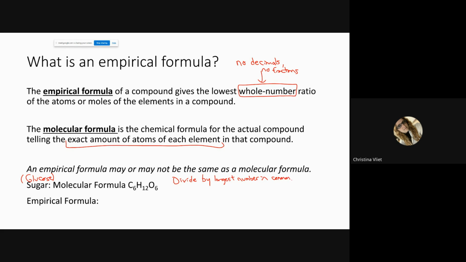And so what number could you divide 6, 12, and 6 by that would keep all of these whole numbers? 6. So you would divide 6 by 6, 12 by 6, 6 by 6. And that would give you the empirical formula, which is C1H2O1.